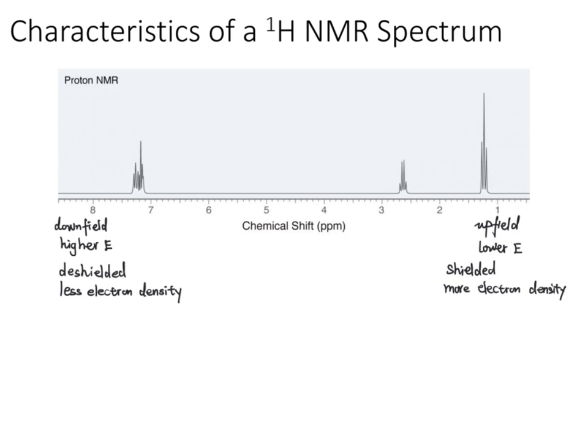The second thing we want to talk about is how proton NMR spectroscopy can help us figure out the structure of the molecule. On a proton NMR, there are 4 characteristics that can help us. The first characteristic is the number of signals. The second is the signal integration.